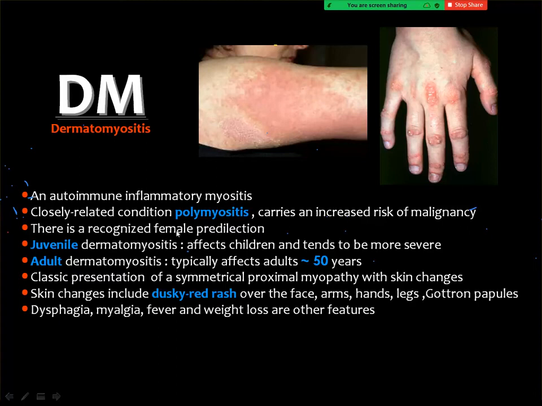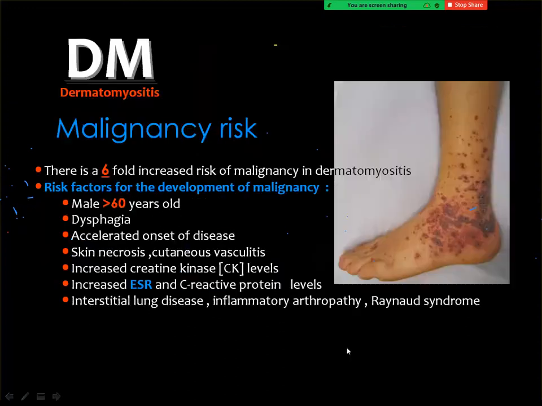There is a recognized female predilection, with two types, the juvenile type and the adult type, which is seen in adults around the age of 50 years. Classic presentations include proximal myopathy with skin changes, as you see here, dusky red rash over the face, arm, hand, leg, and also you may get dysphagia, myalgia, fever, and weight loss.